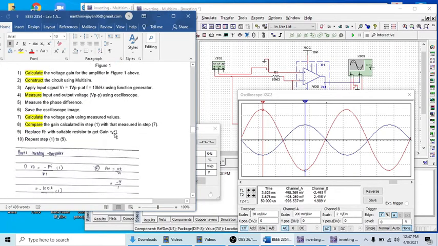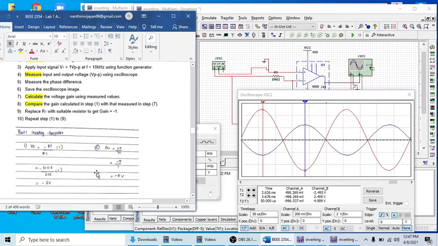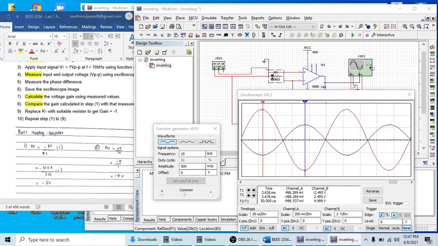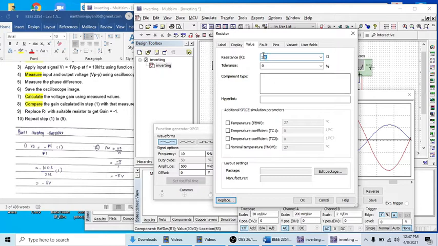So I already calculated the V out and the average gain. I get -5 and -5. So this is my output when my R1 is 20 kilo ohm. When I replace the R1 to get the gain of -1, the suitable resistor is 100k.